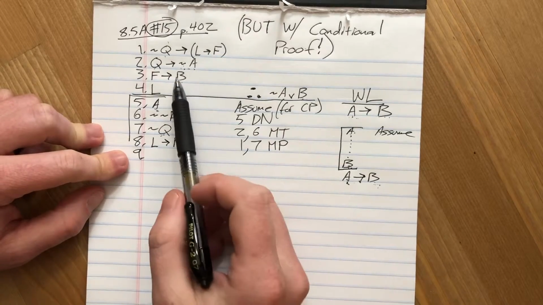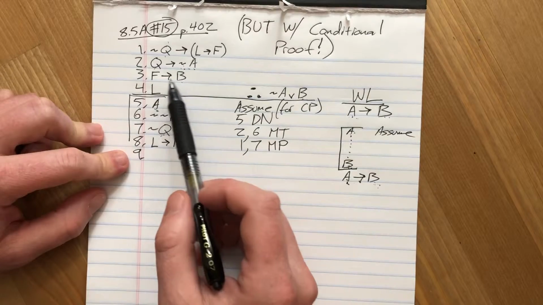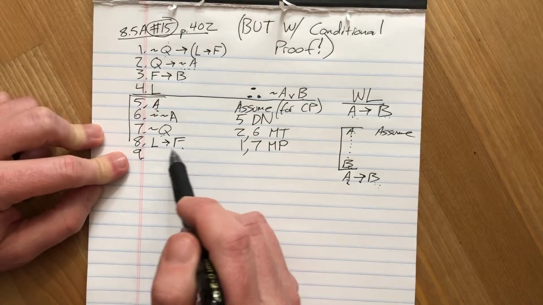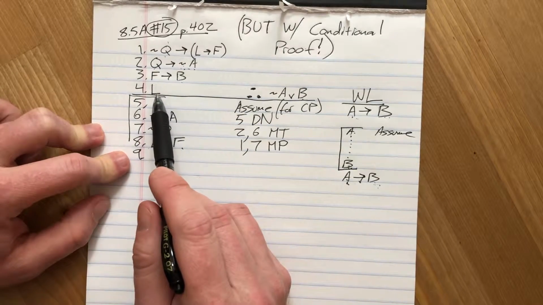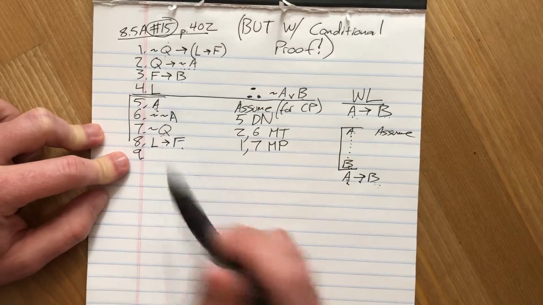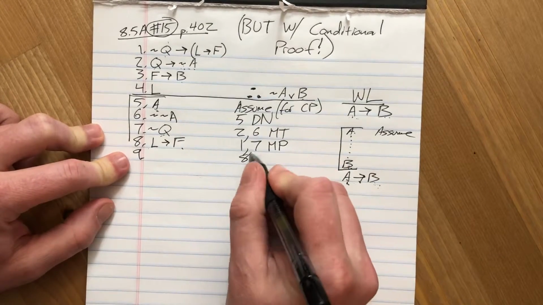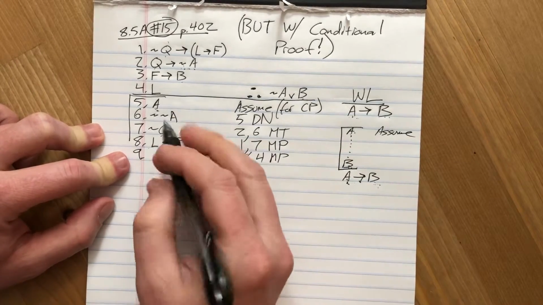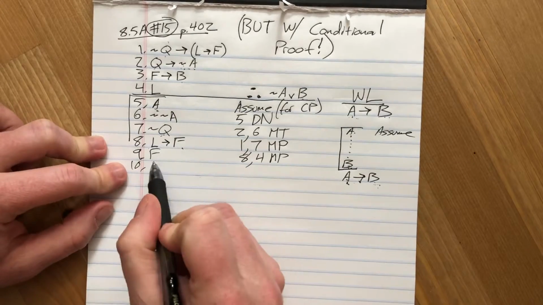All right, we're still trying to get B. Remember, we wanted to get F, so we could do modus ponens to get B. Well, we're getting pretty close. We just got if L, then F, and up here, I look up and I see we have L. So 4 and 8 together are very nice. 8 and 4 modus ponens is going to give us F. Is what we wanted.